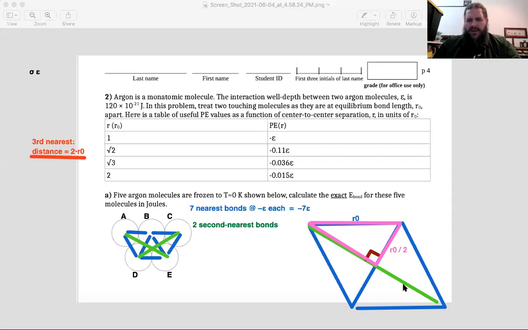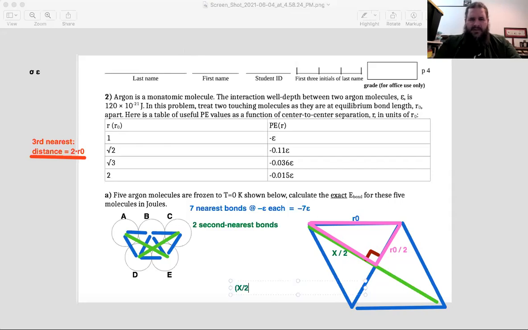Actually, the whole thing is x. Let's say we call this entire distance, the second nearest bond, x. Then this distance would just be x over 2. So our right triangle here has side lengths x over 2, R naught over 2, and a hypotenuse R naught. And we can write the Pythagorean theorem for that.